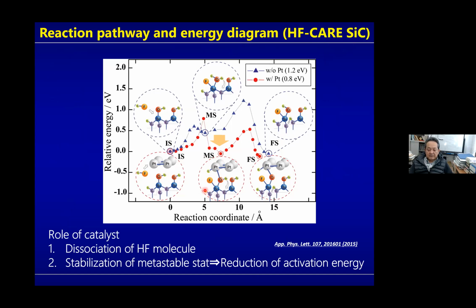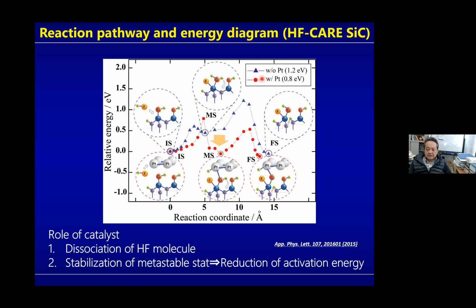And the back bond was broken at the final state. These red dots show the energy diagram of this reaction. As you can see here, the barrier height of this reaction was calculated to be 0.8 eV. This is low enough to proceed at room temperature.